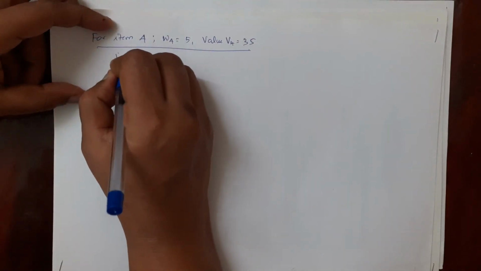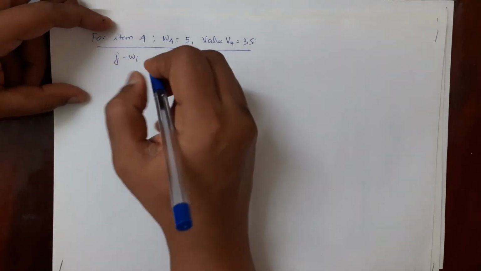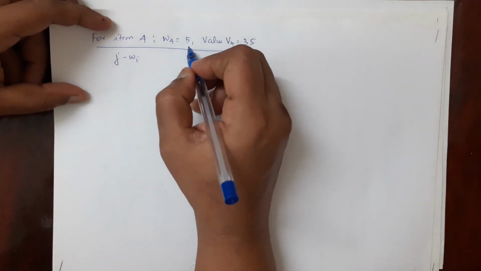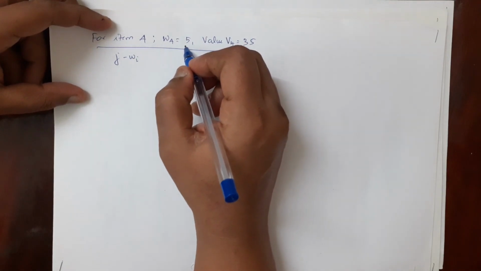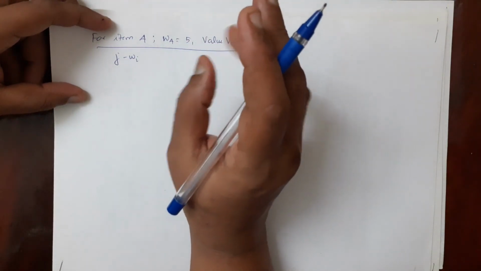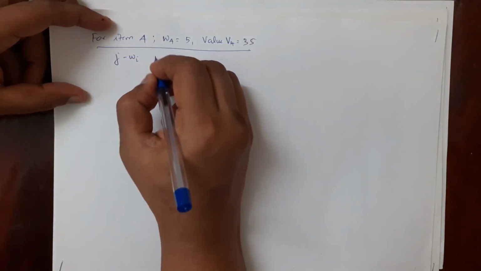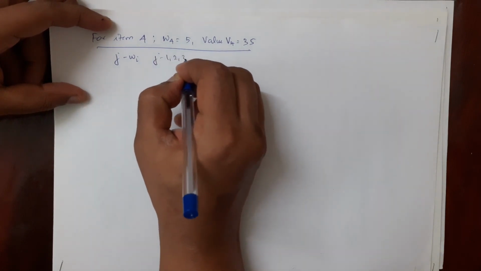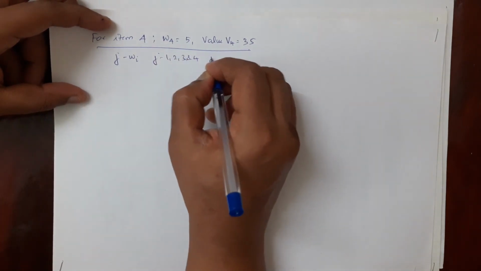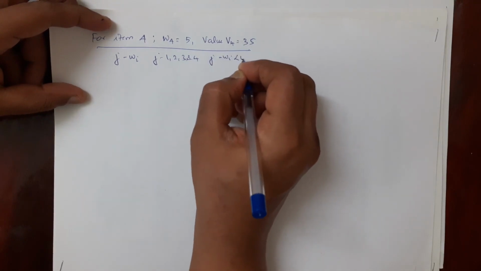Now first we should calculate j minus wi. The weight of this item is 5, so for j values 1, 2, 3 and 4, we will get j minus wi less than 0.